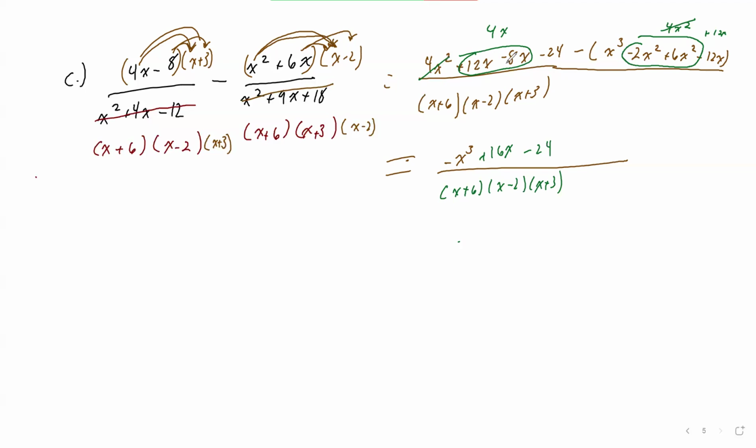And then 12 minus 8 is 4. 4 minus a negative would make it a positive 12. So it'd be 16. And then it's just a negative 24. Hmm.